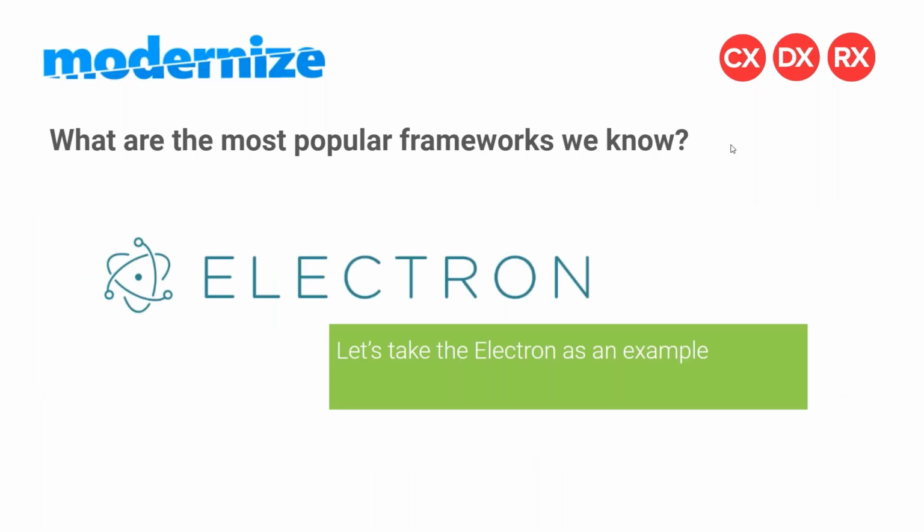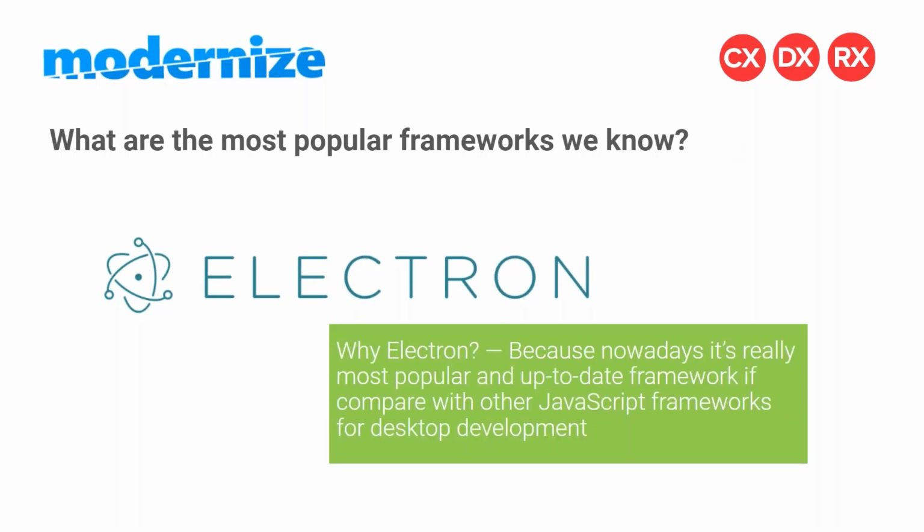Let's take Electron as an example and look at how it works. And why Electron? Because nowadays it's the most popular and up-to-date framework. If you ask somebody or try to Google such technology, the first thing you will hear is Electron.